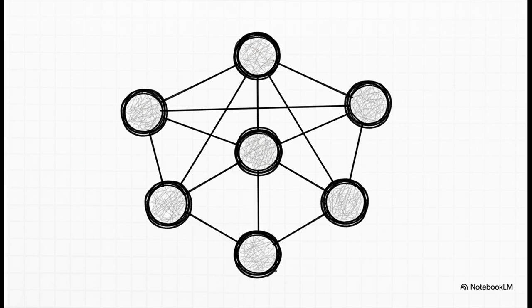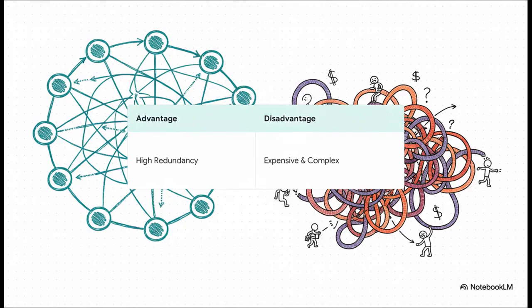Why have just one path for data when you could have dozens? Think about it. In a full mesh network, every single device is connected directly to every other device. So if one connection goes down, who cares? The data just takes another route. This makes it incredibly fault-tolerant, which is why the backbone of the internet itself is a mesh. But the trade-off is massive. It is wildly expensive and incredibly complex to set up and manage.